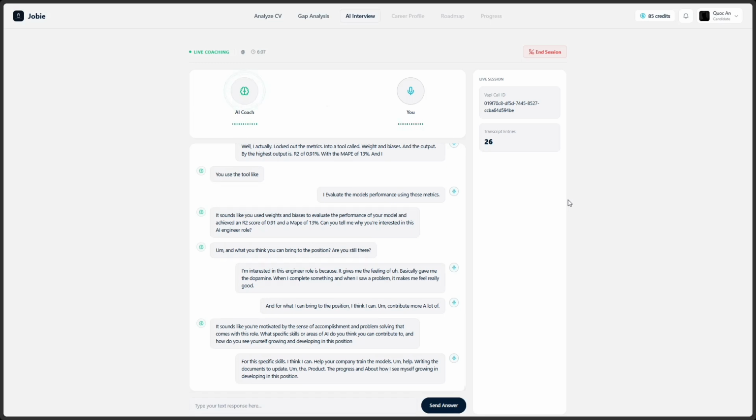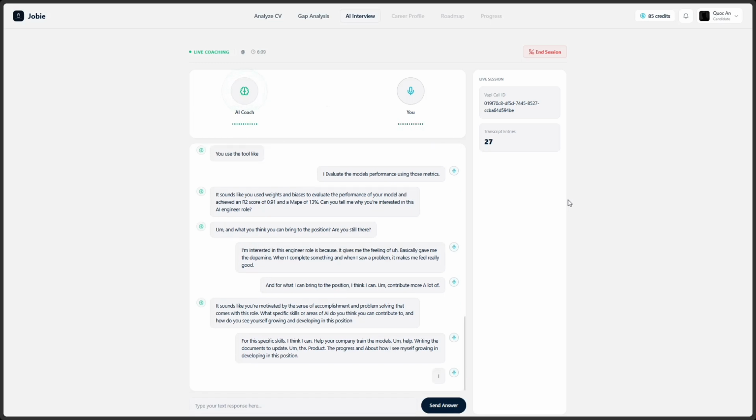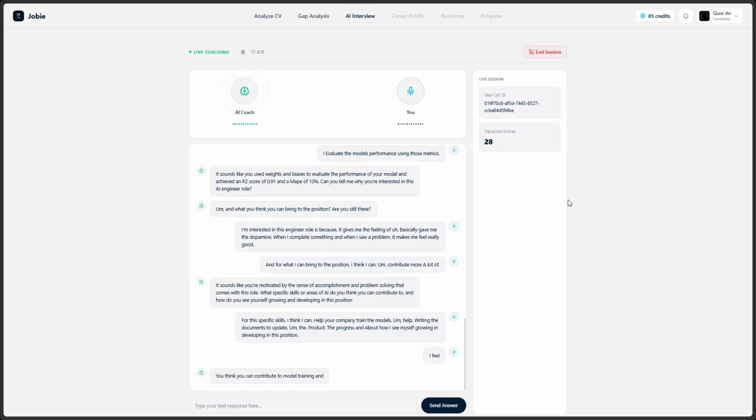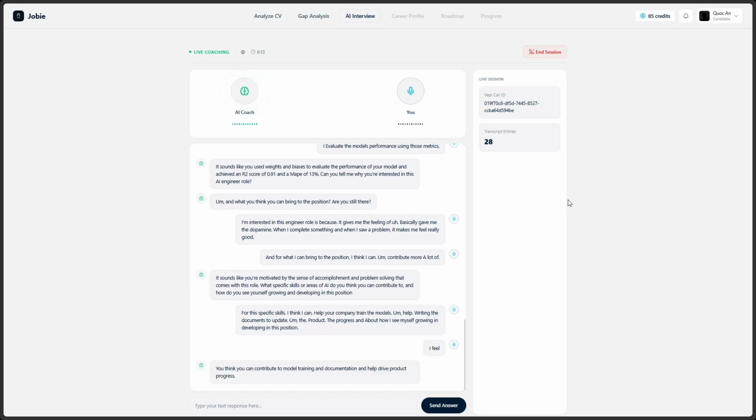You think you can contribute to model training and documentation and help drive product progress. What do you think are some of the biggest challenges facing AI engineers in this field, and how do you think you can help address them?